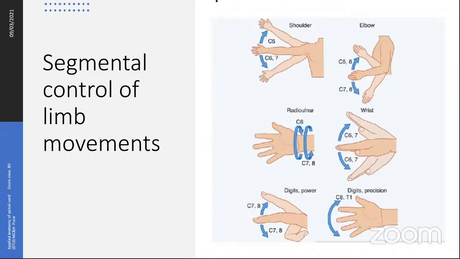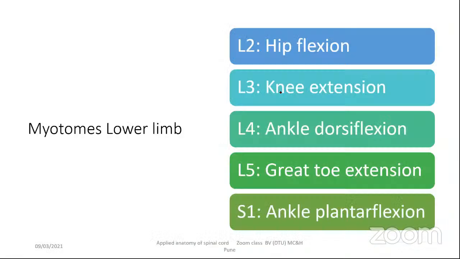You can remember it that way. The shoulder abduction and adduction, the radioulnar and the wrist movements, you can see C7, C8. The wrist is basically C6, C7, extension, dorsiflexion, plantar flexion. The digits are C8, T1. So C5, C6 is at the level of the shoulder and elbow, C6, C7 at the level of the wrist, C8, T1 at the level of the fingers.